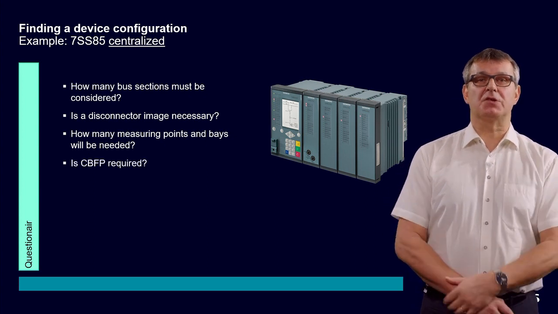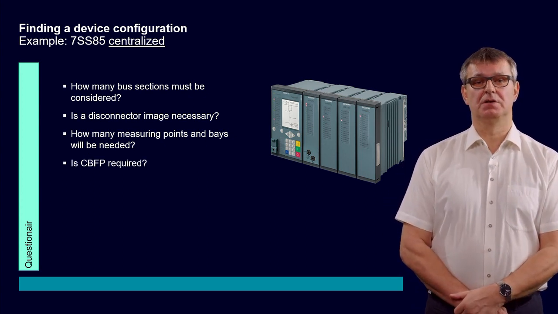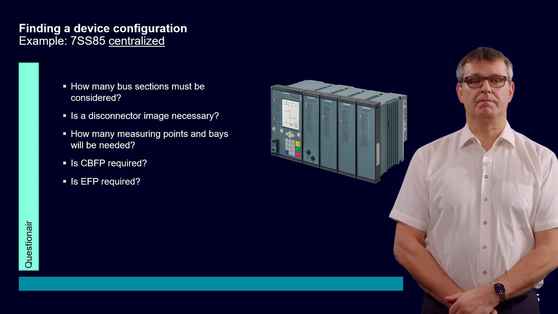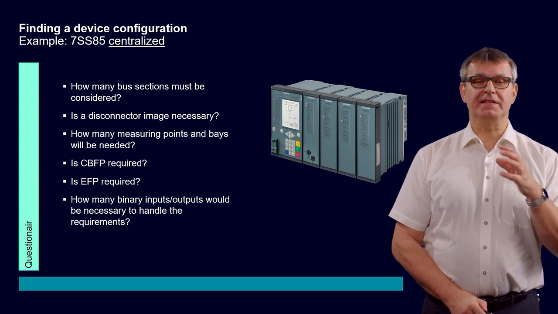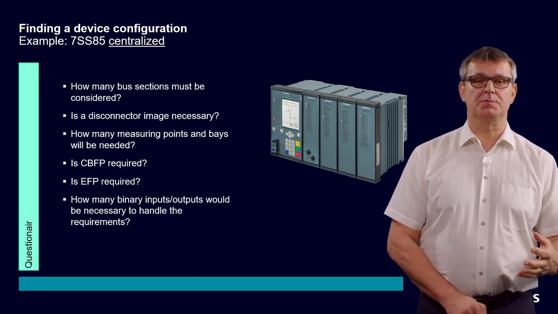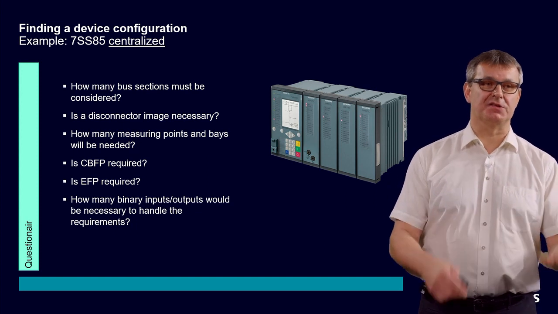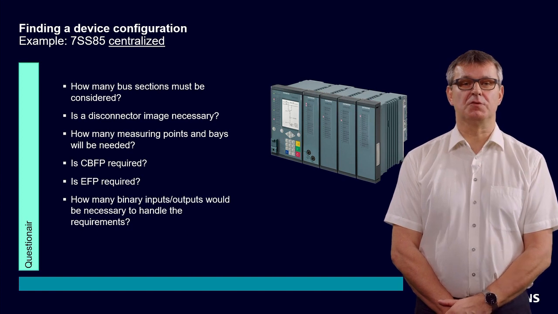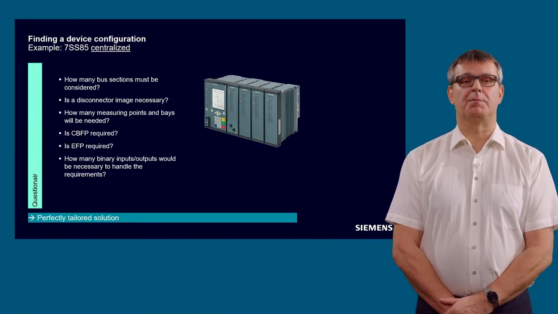Do we need a circuit breaker failure protection? Do we need end-fault protection? And how many binary inputs, binary outputs are necessary to handle the whole configuration. Let's start with the bus sections.